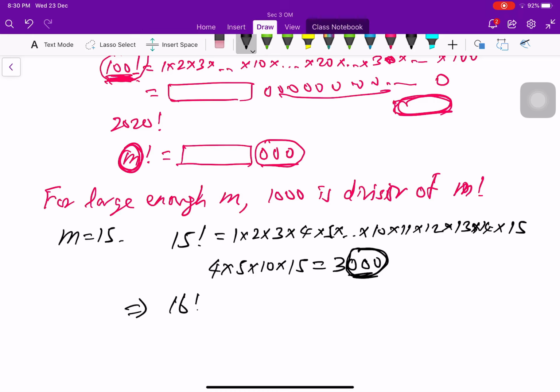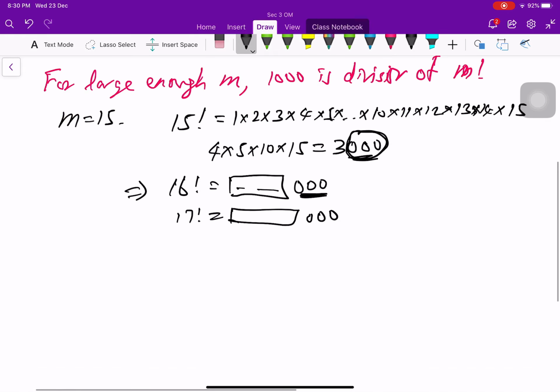Therefore, this implies that 16 factorial would be a number in front. I don't know what it is, but I can confirm that the last 3 digits are definitely 0 0 0. And then 17 factorial is also the same. There are a lot of numbers in front, but the last 3 digits are 0 0 0. Therefore, can you see that the whole question now becomes very easy? We are actually looking at the sum of 1 factorial plus 2 factorial all the way until only 14 factorial.